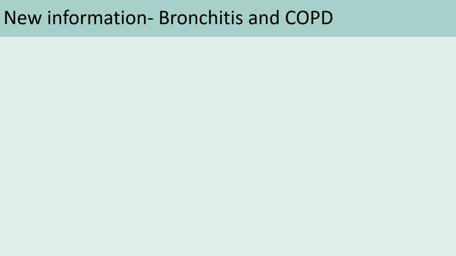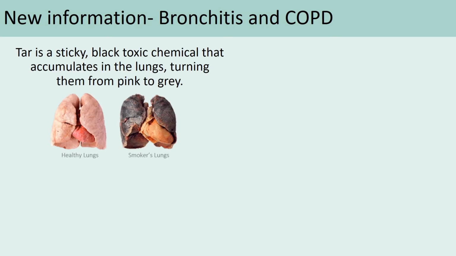Okay, so next up, we're going to be looking at bronchitis and COPD. Now, on the picture, we have got an image of some lungs that come from a healthy individual, so somebody who did not smoke. And also on the right hand side, we can see the lungs of a smoker.